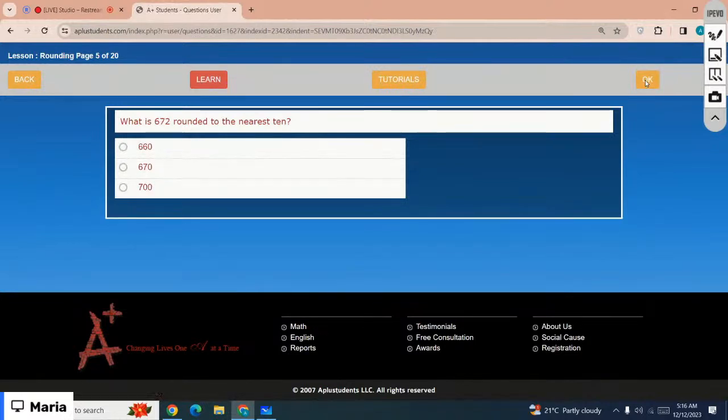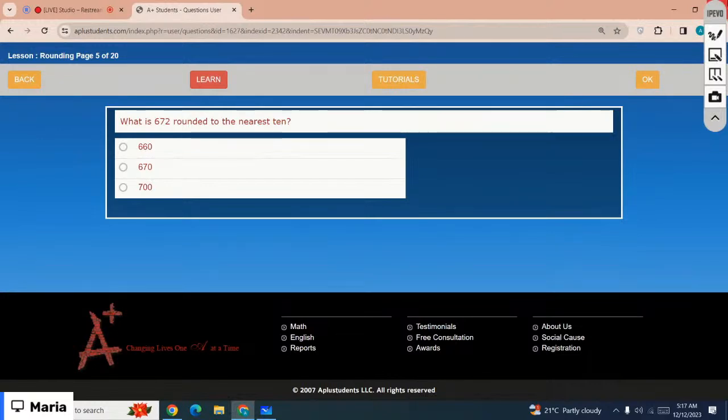What is 672 rounded to the nearest 10? Which is the correct option? You have to round to the nearest 10, not 200, right?